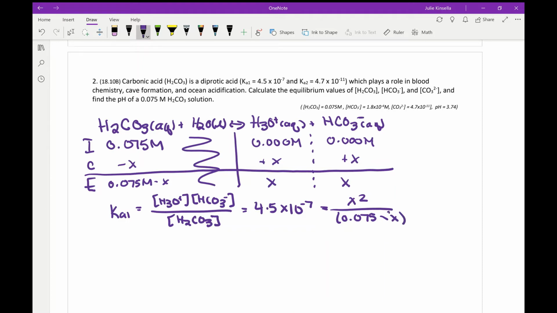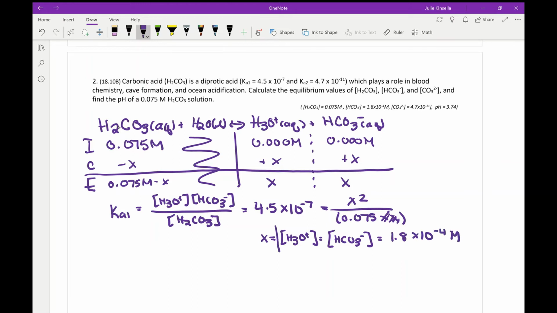Again, we're going to make that simplifying assumption in order to simplify our work, and that's going to end up being less than 5% of our original amount, which means x, which is our concentration of hydronium, which is also equal to the concentration of HCO3, is equal to 1.8 times 10 to the negative 4th.